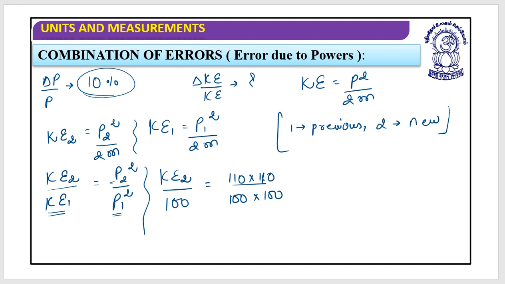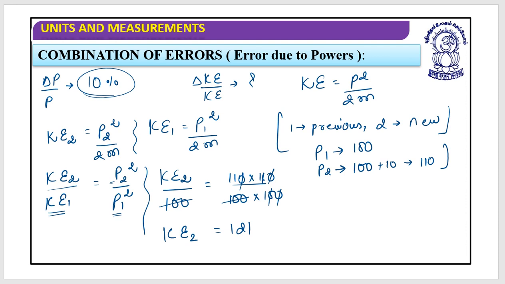I repeat, as P1 is 100, and I need to increase P2 by 10 percentage, this should be 100 plus 10, which gives me 110. So that's why I have written P2 as 110 into 110. So let's solve this. The zeros are cut, and it is 121. But mind well, this is the new kinetic energy. You have been asked the change in kinetic energy.